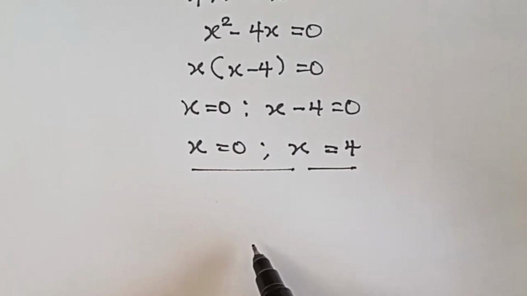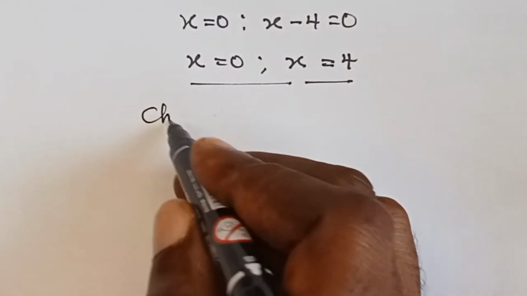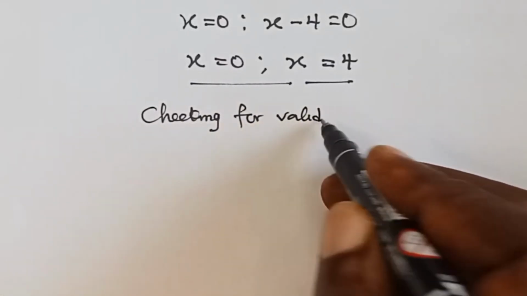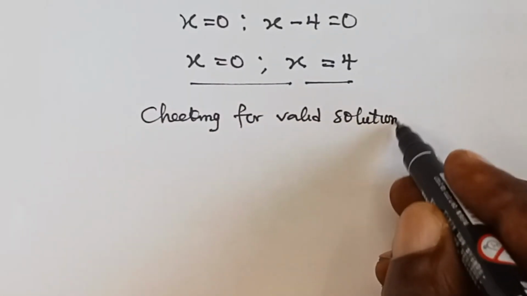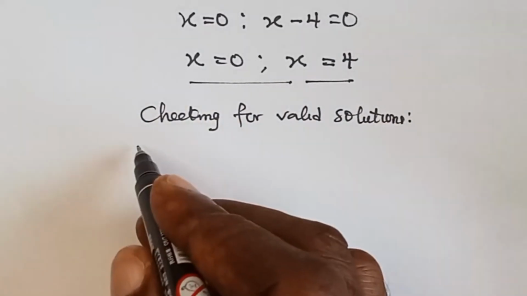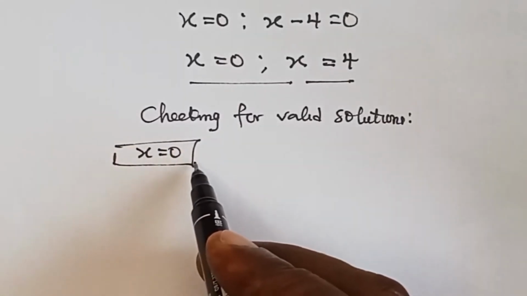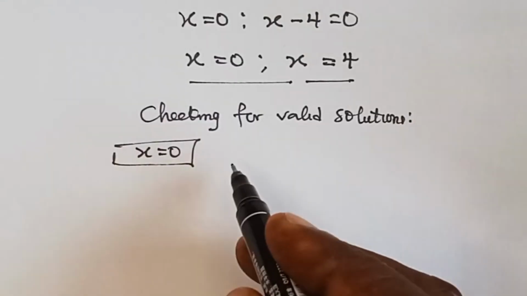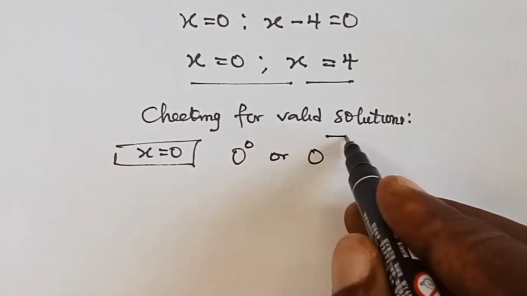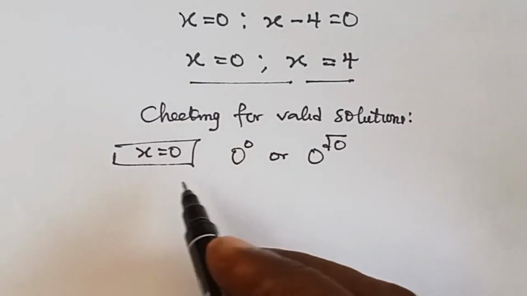Now let's check for valid solutions. We have x equals 0 and x equals 4. x equals 0 is not a valid answer, because exponents like 0 raised to power 0 or 0 raised to power root 0, obviously, this is what we're going to get when we substitute for x in the equation.